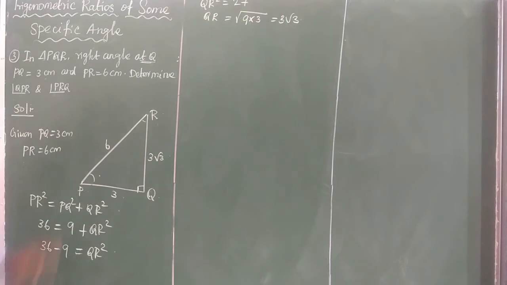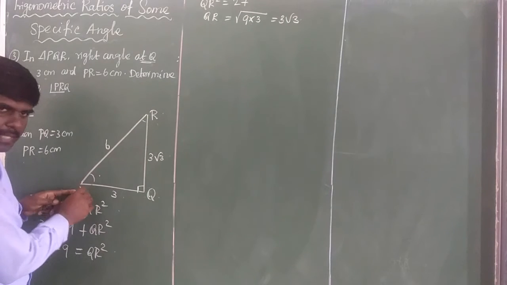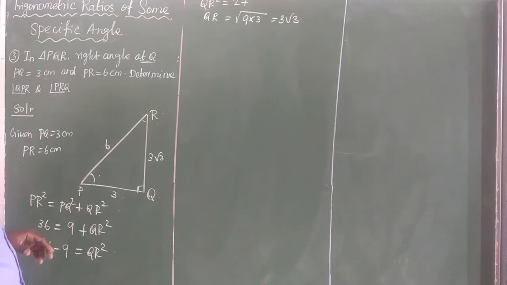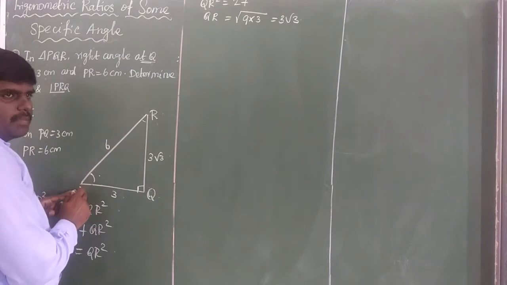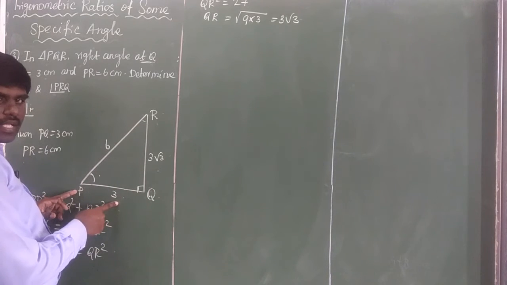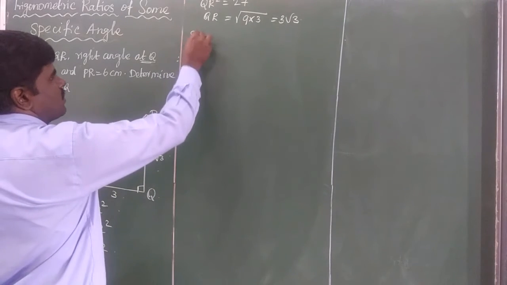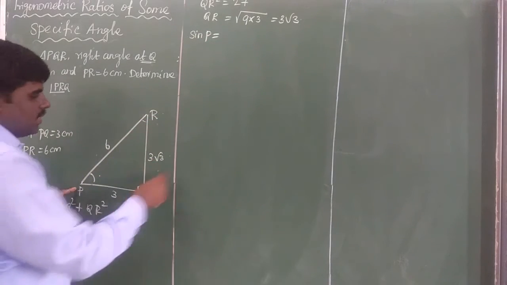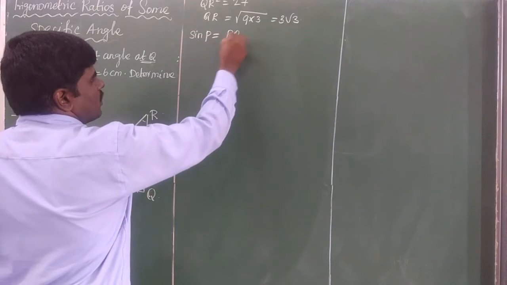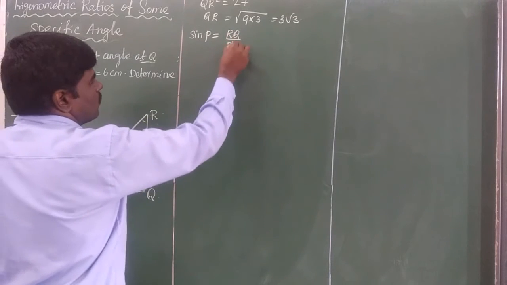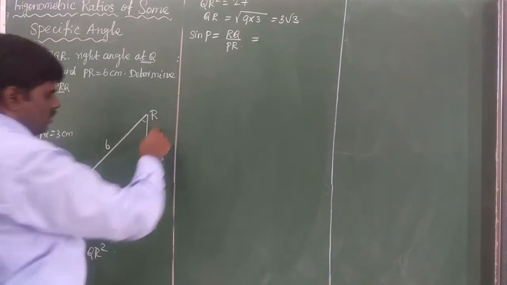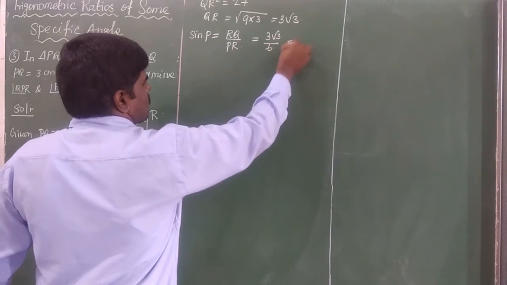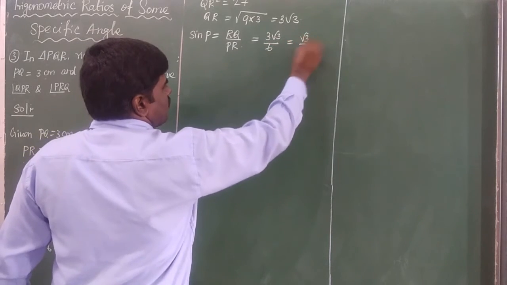So first I find out the value of angle B. Since three sides are available, sin B is equal to opposite side by hypotenuse, which is RQ by PR, that is 3 root 3 by 6. That means root 3 divided by 2.